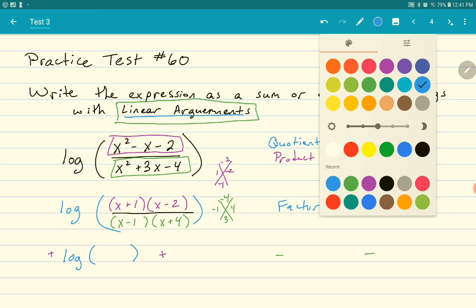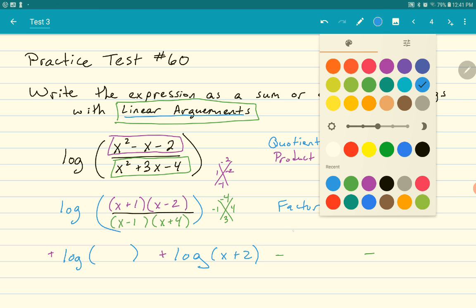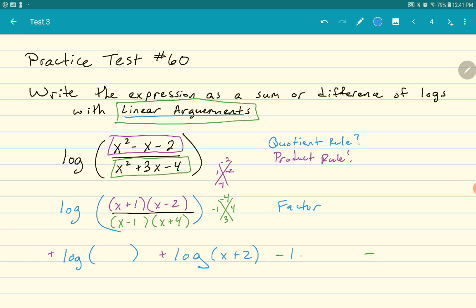So I have 2 logs in the numerator. Those are both positive. And I have 2 logs in the denominator, so those are both negative.